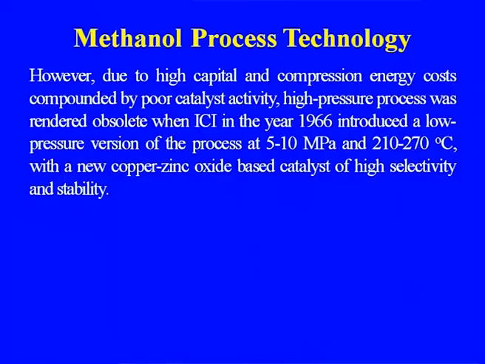However, due to high capital and compression energy cost compounded by poor catalyst activity, the high pressure process was rendered obsolete when ICI in the year 1966 introduced a low pressure version of the process with a new copper zinc oxide based catalyst for high selectivity and stability. This was the actual change in process technology from the earlier Bosch technology to ICI low pressure technology.